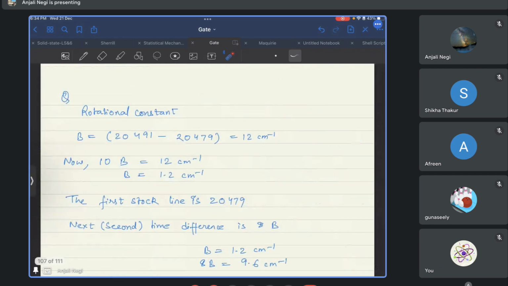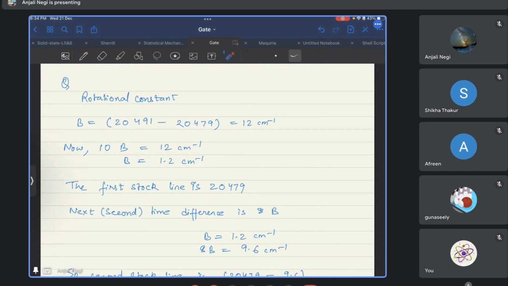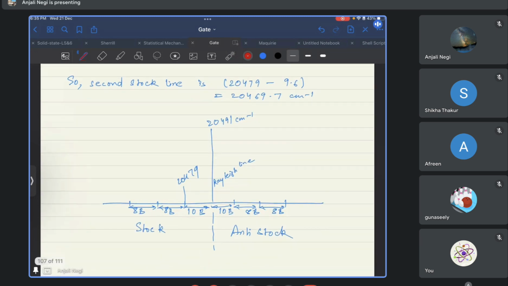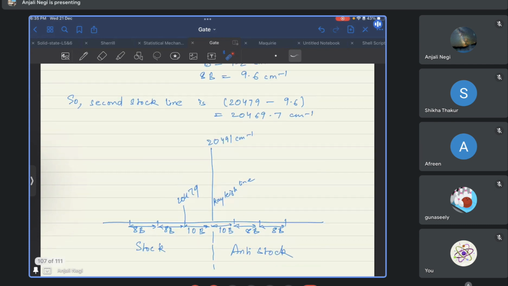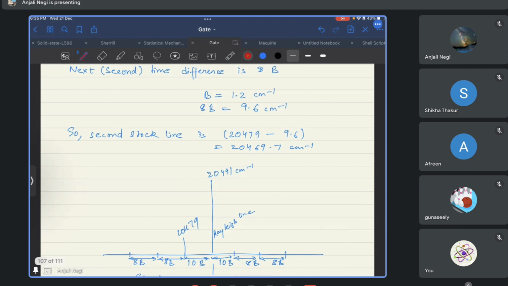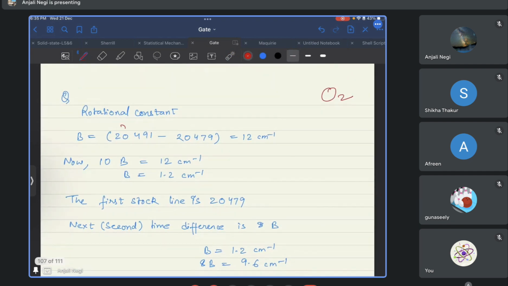So right now, our problem is that we have the molecule O2, and we were given that this is the Rayleigh line, 20491. This was the incident line, so 20491 is my mu bar excitation value.